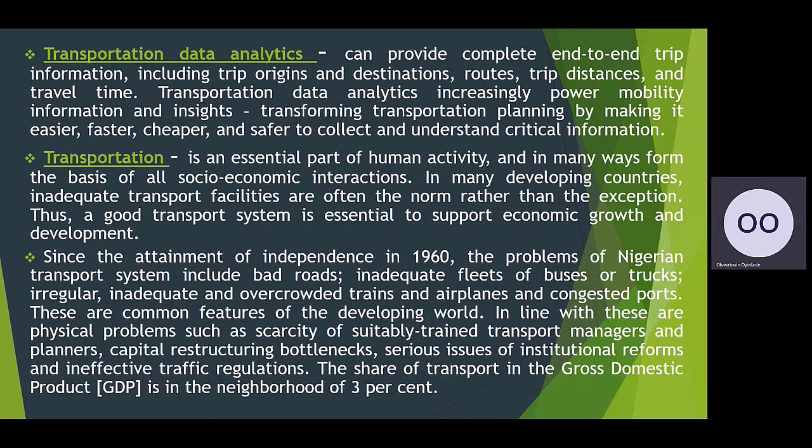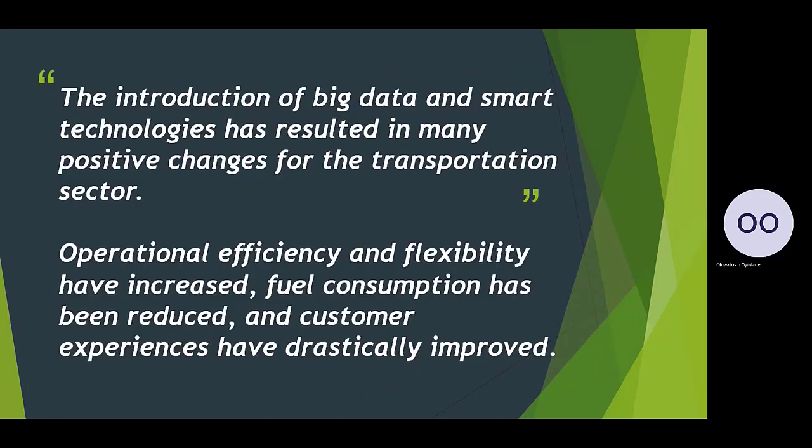So as we move on, in this quote, which was used by one of us, it said the introduction of big data and smart technology has resulted in positive changes for the transportation sector.